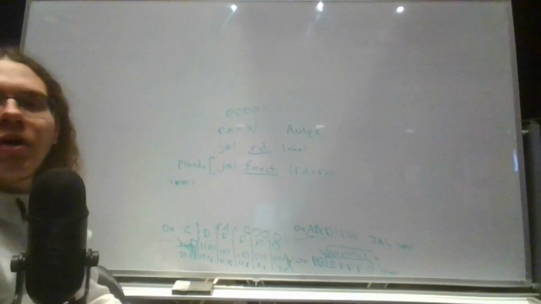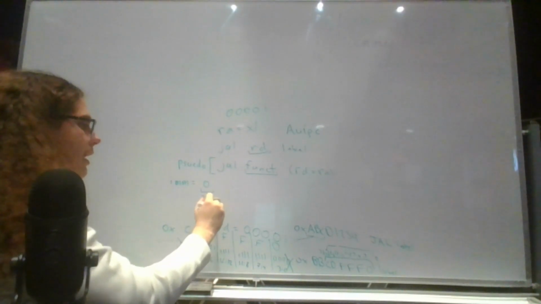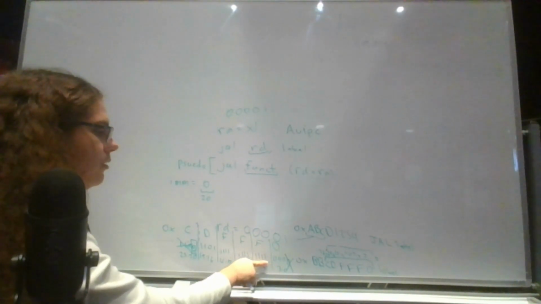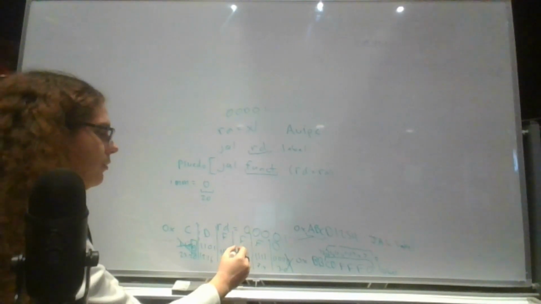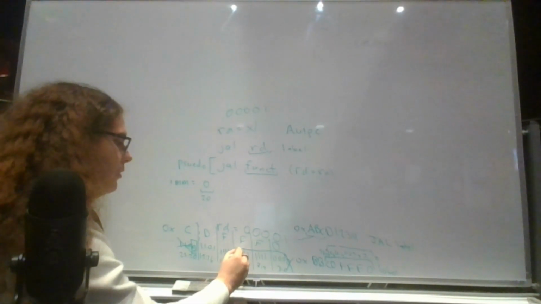So I'm going to first do bit 20, and then I'm going to do bits 10 to 1, which is these 3, those 4, and then those bottom 3. So that's bits 10 to 1, not including this 11th bit here.